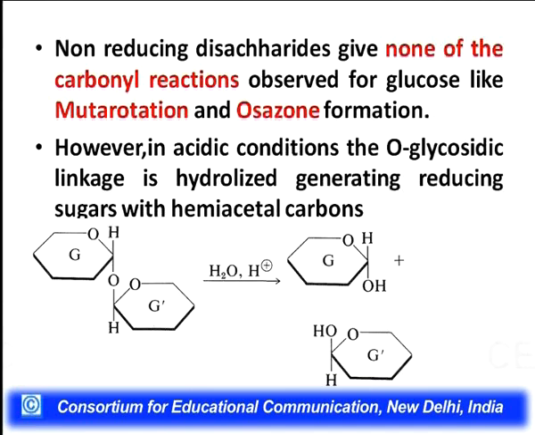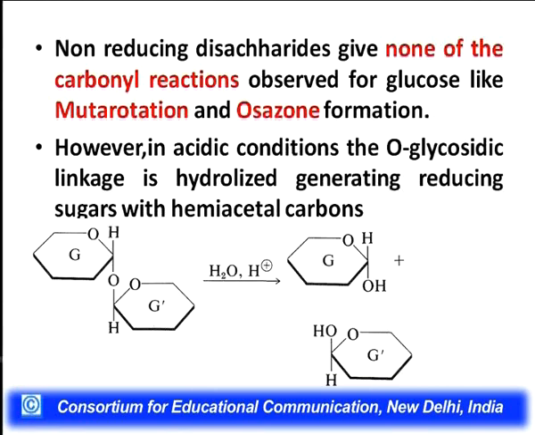But this will happen only if we bring about the acid hydrolysis. So what we've done here is break down the disaccharide into its monosaccharide units. Whereas if we take the disaccharide as such and do the Tollens test or the Fehling's test, it would give us a negative test.